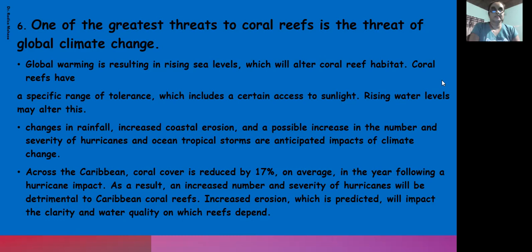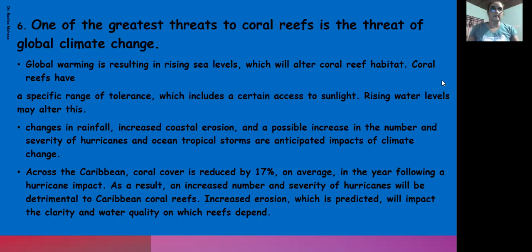As a result, an increased number and severity of hurricanes will be detrimental to Caribbean coral reefs. Increased erosion, which is predicted, will impact the clarity and water quality on which the reefs depend. So one of the things you should do is go back to the slide in the beginning that showed all the things that corals need to be able to survive.